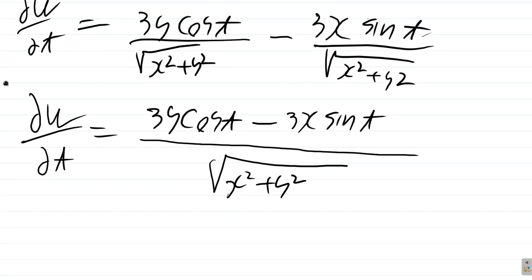So you could even factor out the 3. Suppose you do that. This 3 would no longer be there, and you would have this. So in the bracket you have y cos t minus x sin t. So this is 3 times that over the square root of x squared plus y squared.